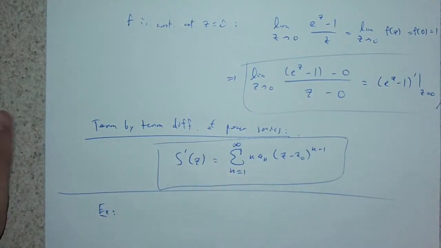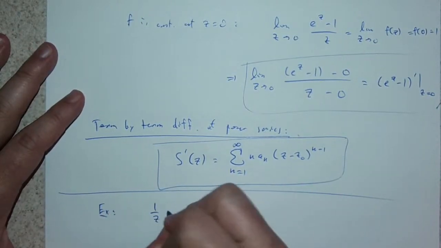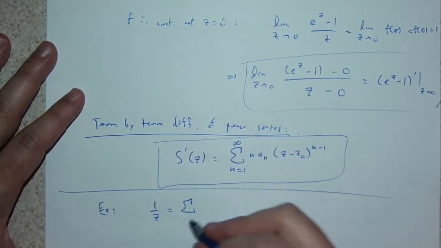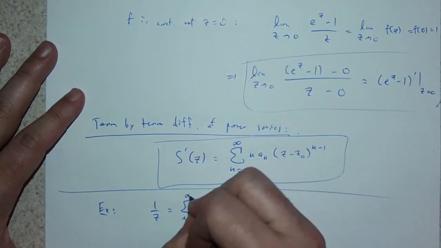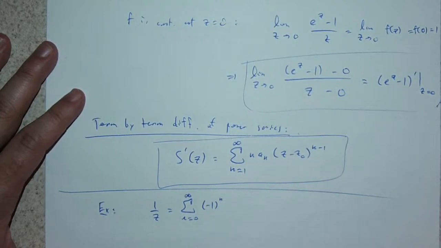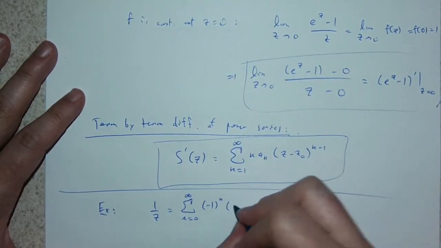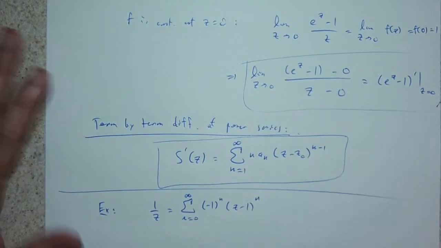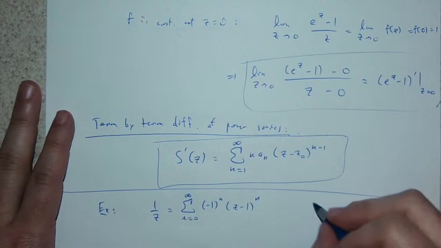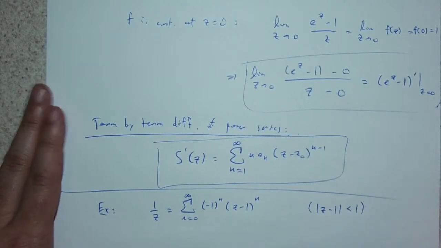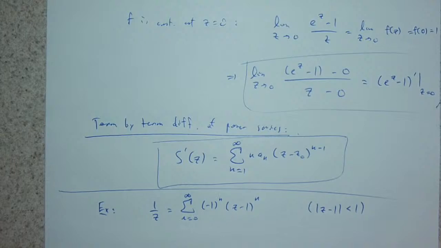In the following example, note that 1 over z is the sum from n equals 0 to infinity of minus 1 to the n times z minus 1 to the n, and this is valid when the modulus of z minus 1 is strictly less than 1.